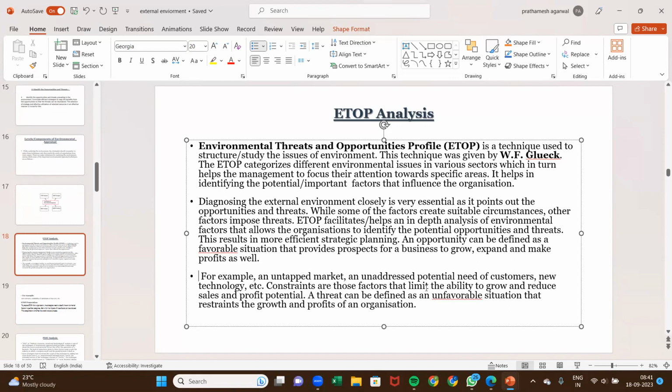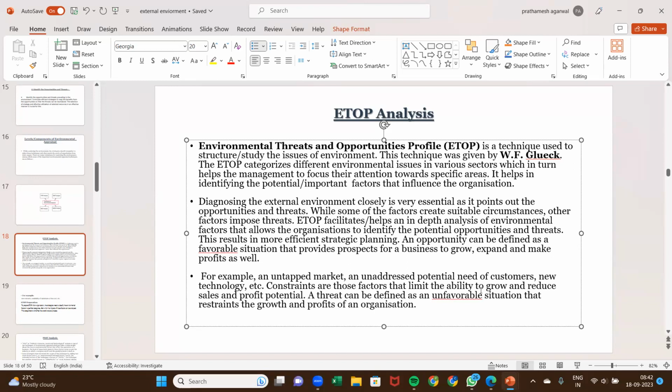Constraints are those factors that limit the ability to grow and reduce sales and profits. So here we studied 2 factors. The factors which help us in understanding the opportunities and threats, and those factors which stopped or limited the growth of the organization, which reduced the sales and profits of the organization.